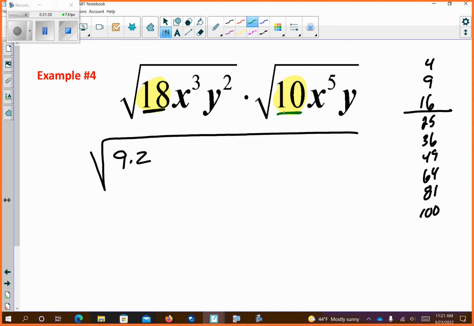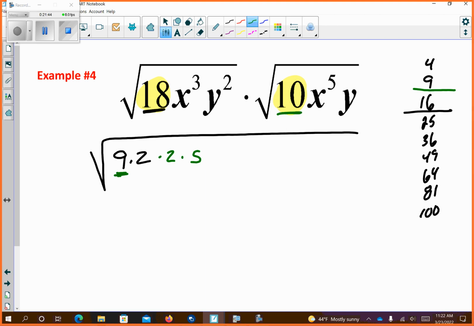Does 10 work? 9 times a number would give me 10? No. 4 times a number would give me 10? No. Can I break 10 down? To 2 and 5, right? All right. So hang on.